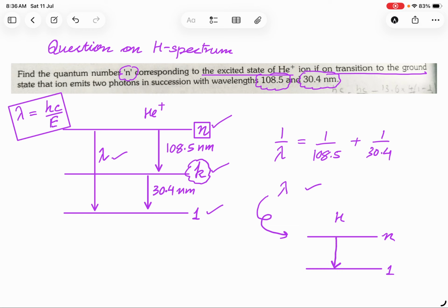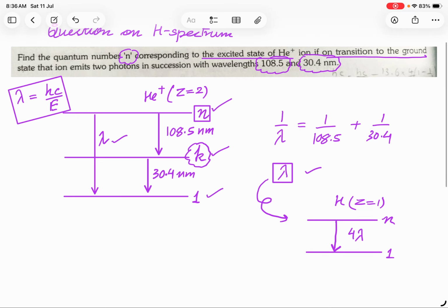And you would note one thing, that helium plus has the proton count equal to 2 and hydrogen has proton count equal to 1. Since the energy of hydrogen would be, magnitude wise, less, by Z square, than the energy of helium, if this is the lambda for the helium plus transition, the lambda for the hydrogen transition will be 4 lambda.